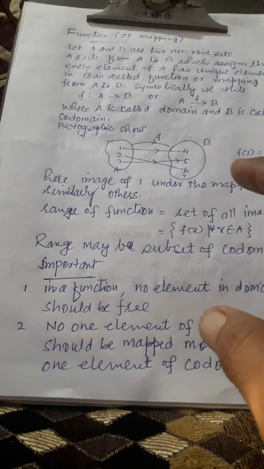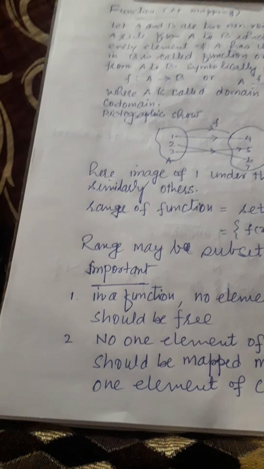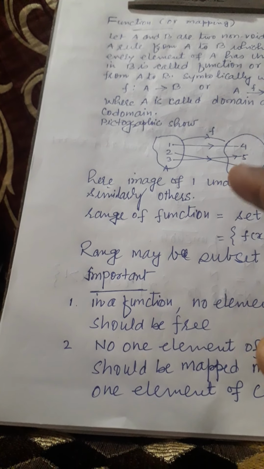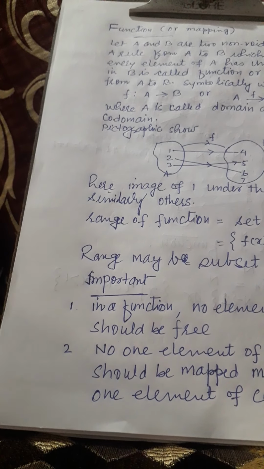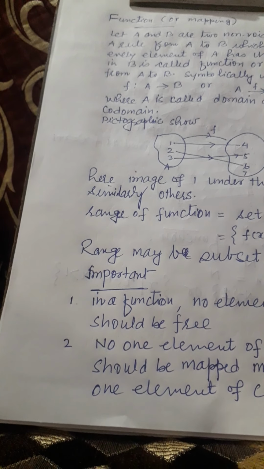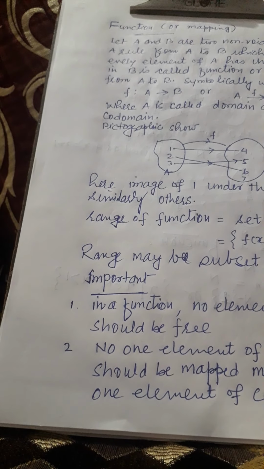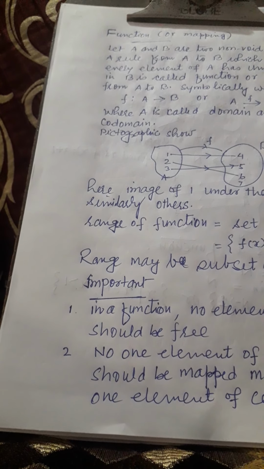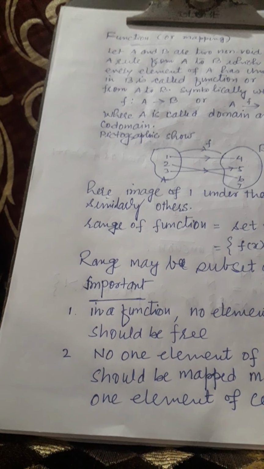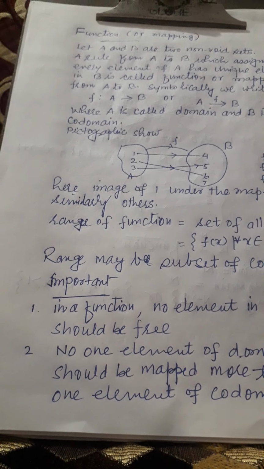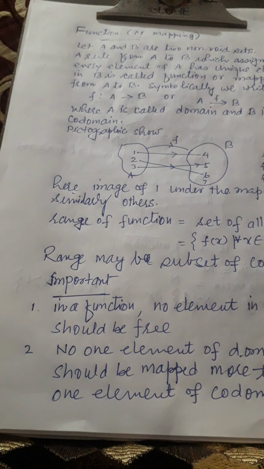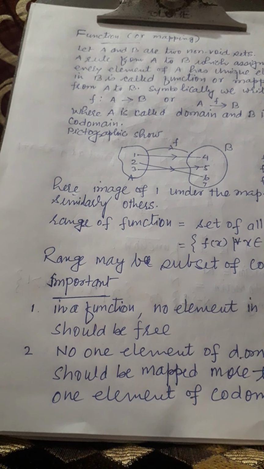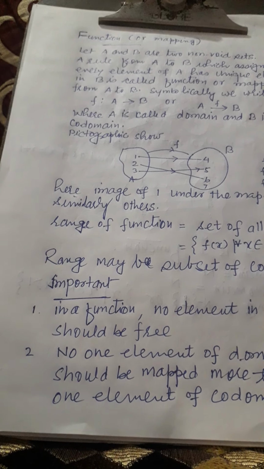I define one example. This set A contains three elements, 1, 2, 3, and set B contains four elements, 4, 5, 6, 7. Then we write 1 is mapped onto 4. It means f of 1 is equal to 4. It means the image of 1 under the function is 4, and similarly for the others.